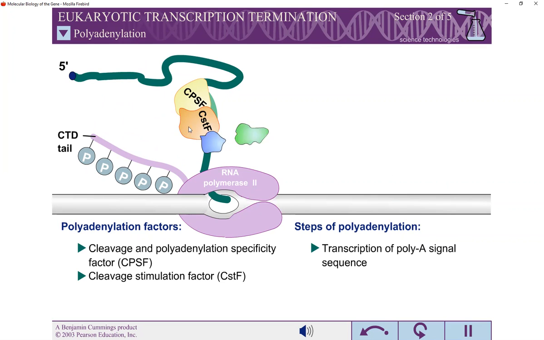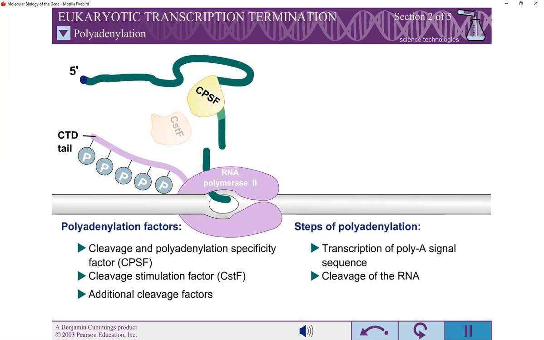Once CPSF and CSTF are bound to the RNA, additional cleavage factors are recruited as well, leading to the cleavage of the RNA. Now you can find that the cleavage and polyadenylation specificity factor as well as the cleavage stimulation factor, both of these factors are previously present. They are not being introduced, they are previously present within the structure of the RNA polymerase.